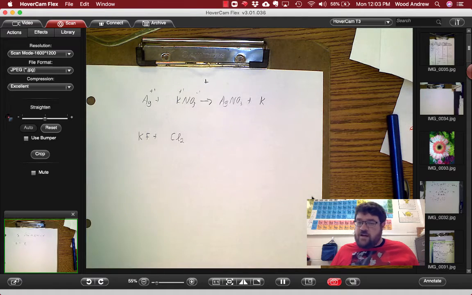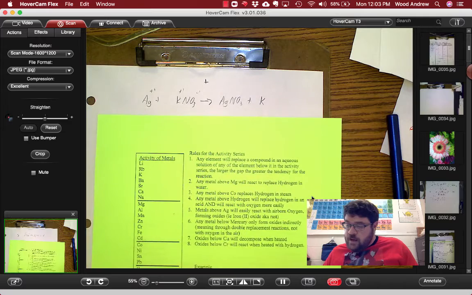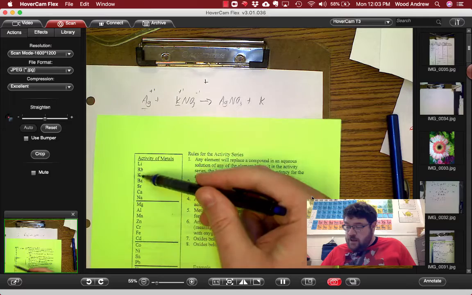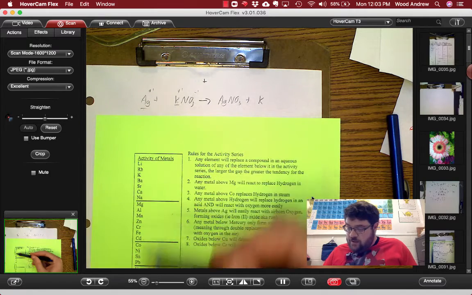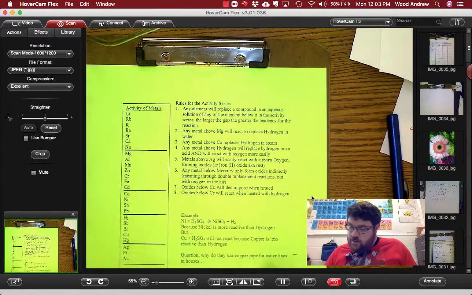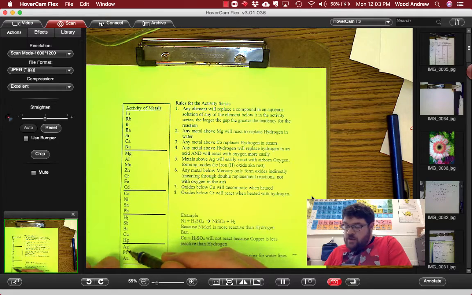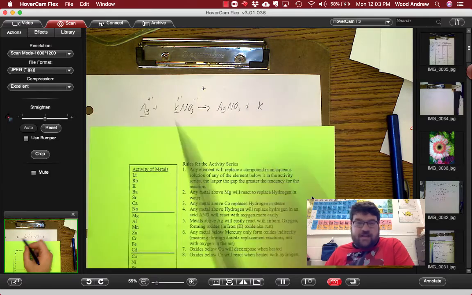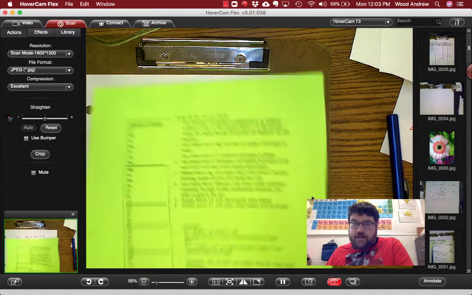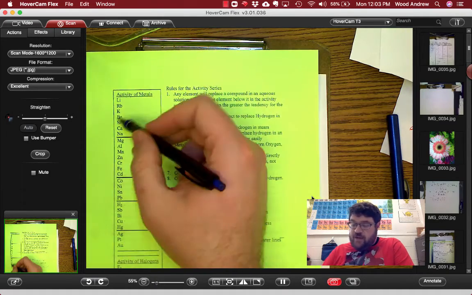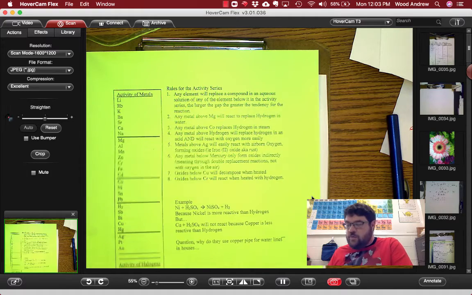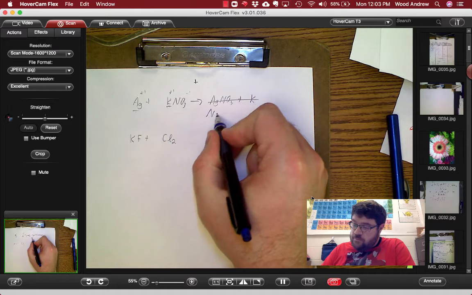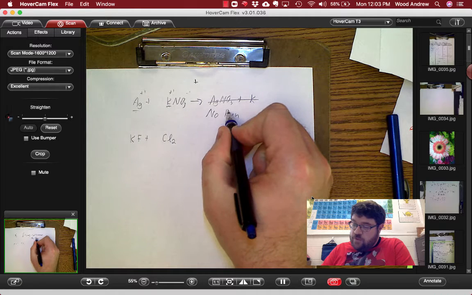But if we take a look at our activity series and find the relevant elements, potassium and silver, there's potassium, and silver is way down here. So we're asking ourselves, is the silver reactive enough to knock the potassium out of the way? And it's not. The silver is less reactive than the potassium, it can't get it out of its way, so this doesn't happen. No reaction occurs.